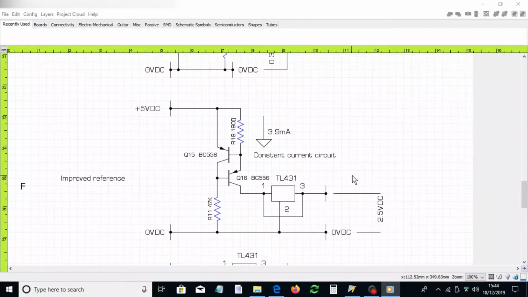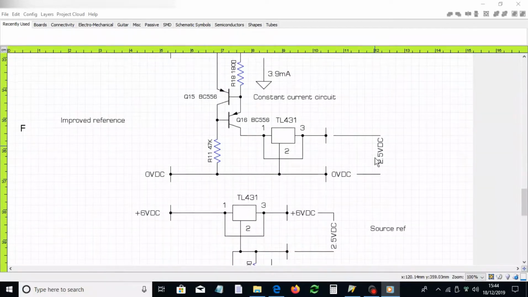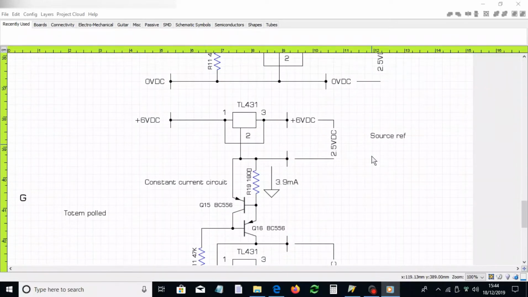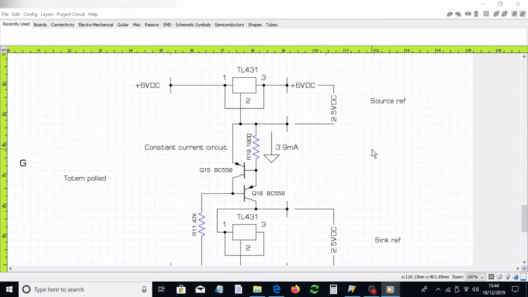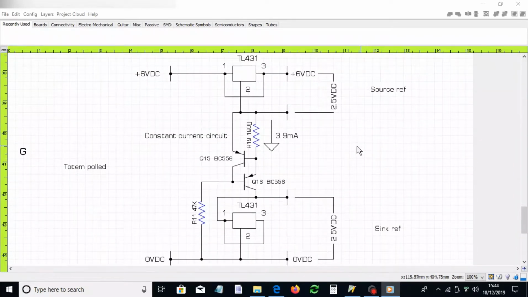One of the other permutations I played with is this one, which is slightly interesting. I totem poled two TL431s here, one for the source reference and one for the sink reference. Given the price of these chips, you can do this quite willy-nilly because they're quite inexpensive.